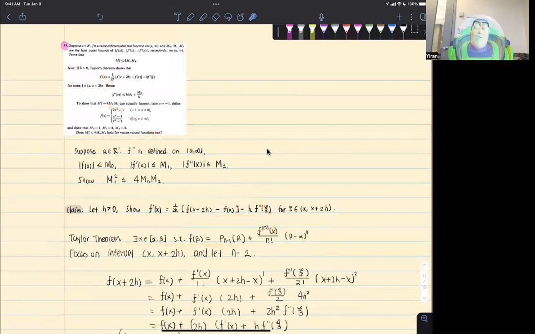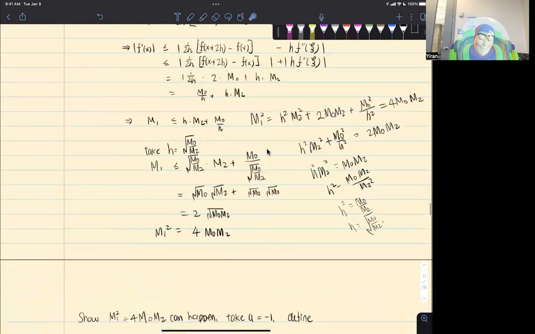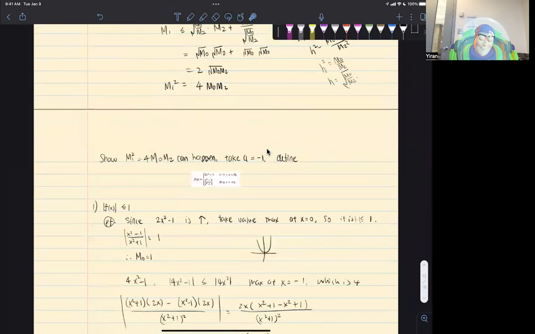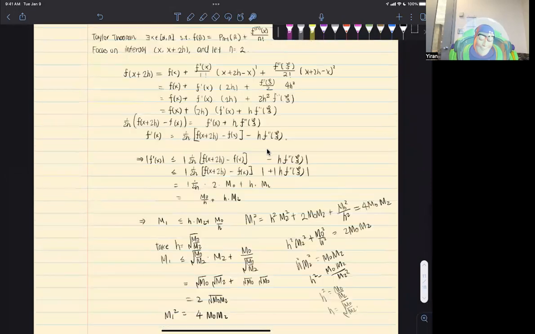The interval here also tells you what your alpha and beta are, because c corresponds to this x. So basically from the hint, you can figure out how to construct the correct form of Taylor theorem, like for example, how many degrees of polynomial you want to use to show this inequality. And then once you do that, the rest comes pretty simple.